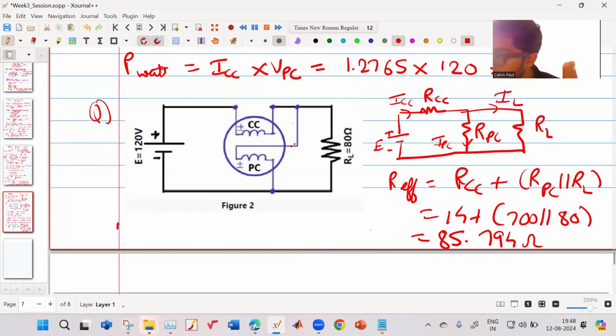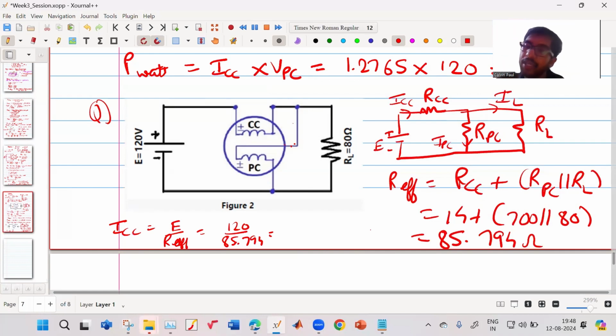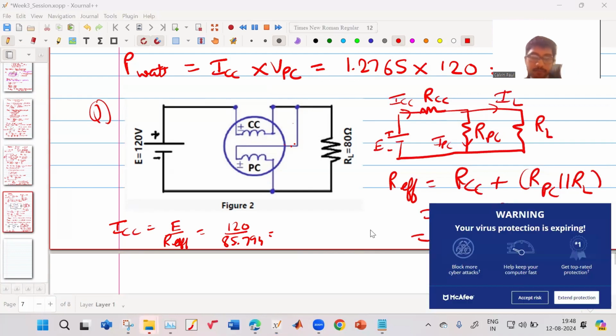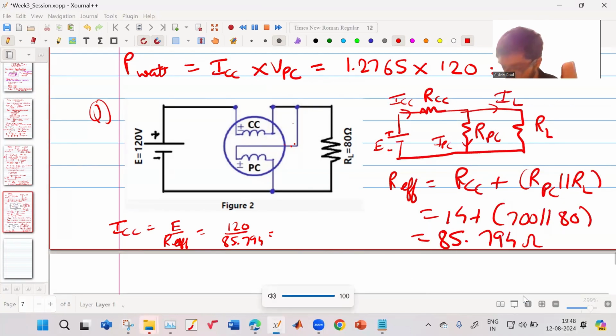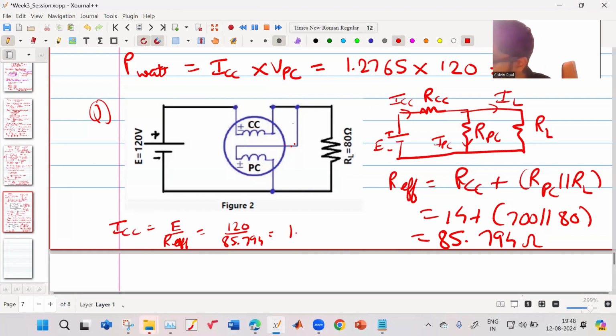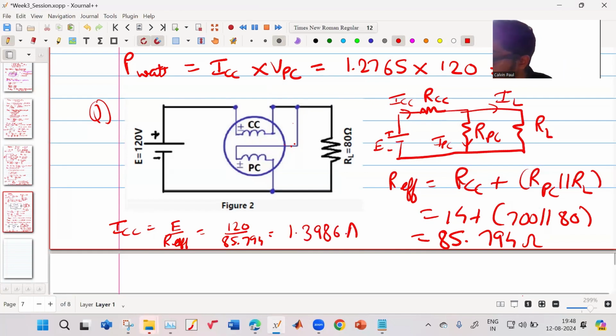So your current ICC is E upon R effective. That is 120 divided by 85.794. What is this? It is 1.3986 ampere.